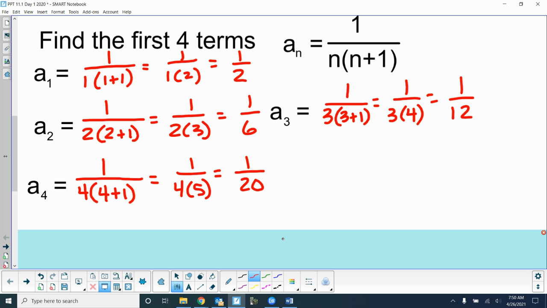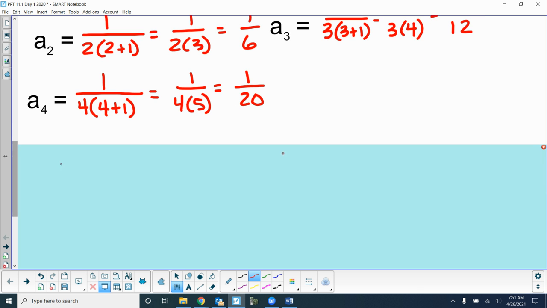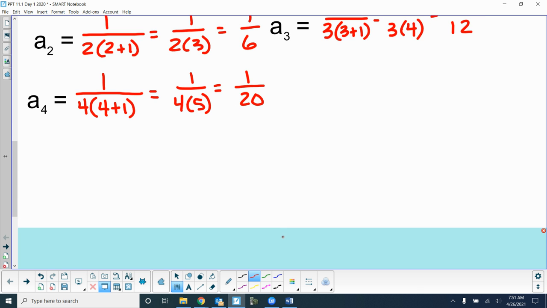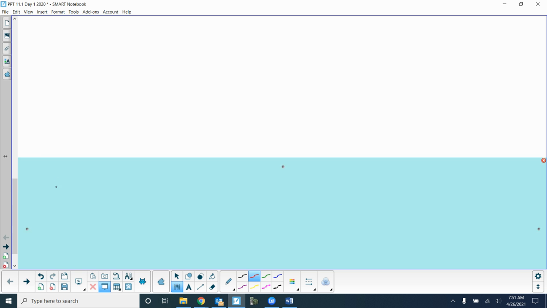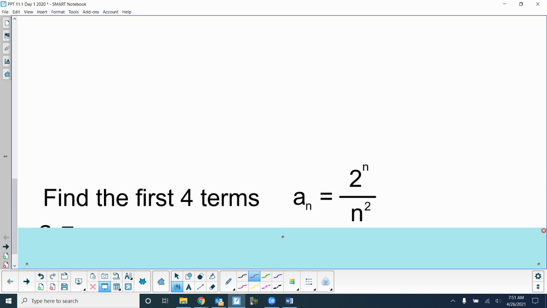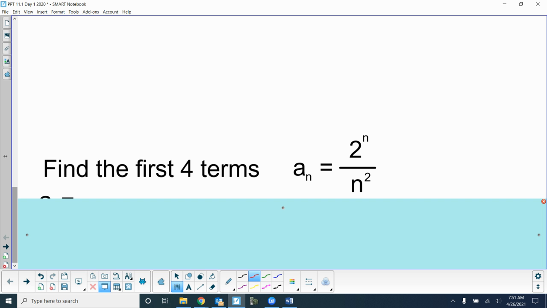Does that make sense so far? You guys try to find the first four terms of that sequence, please.